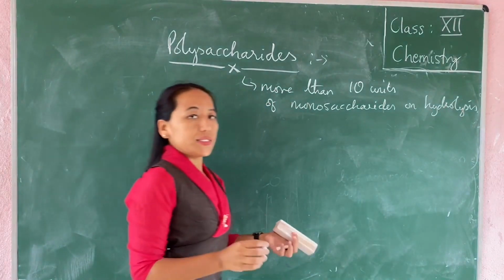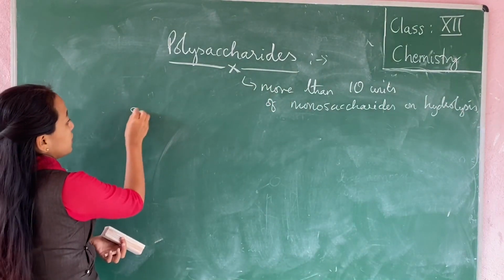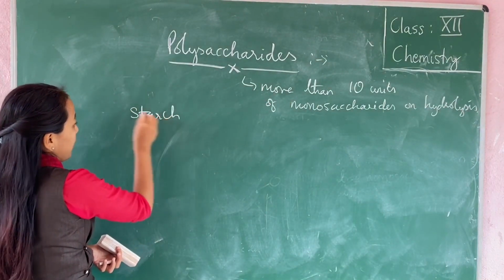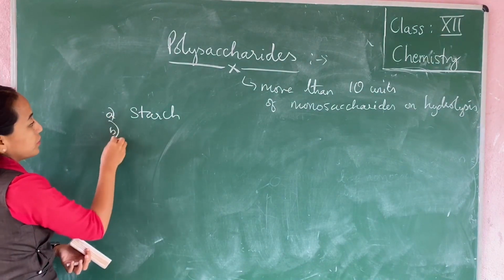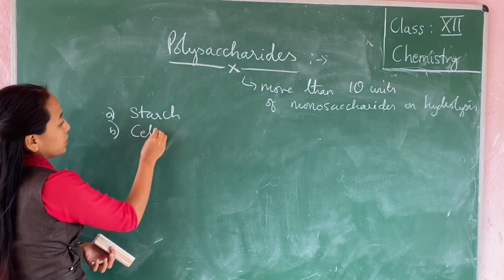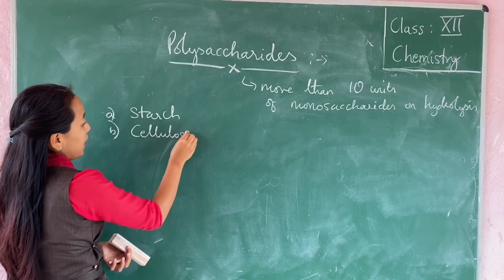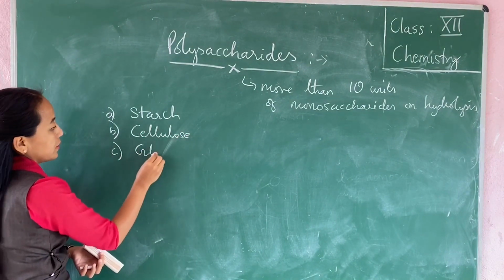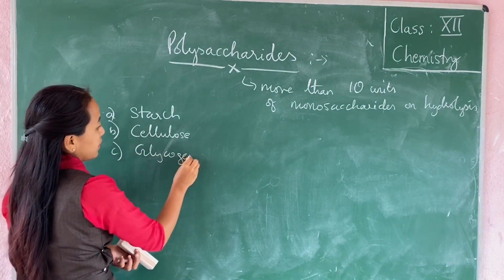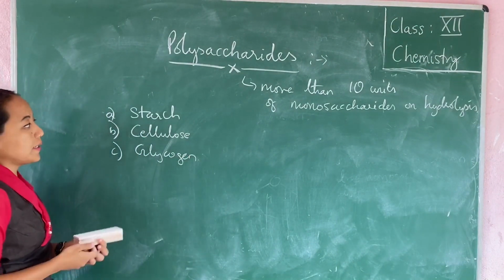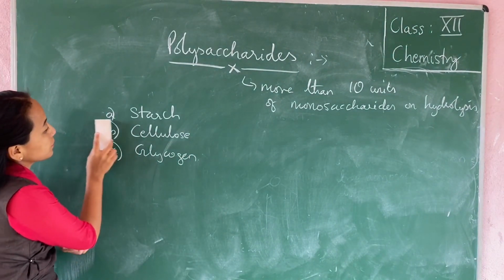Under polysaccharides, we are going to study starch, and then cellulose, and then glycogen. So we'll go one by one. Let's first start with starch.